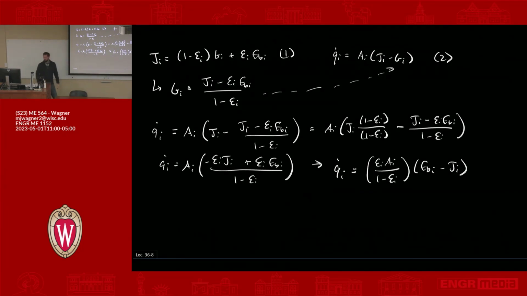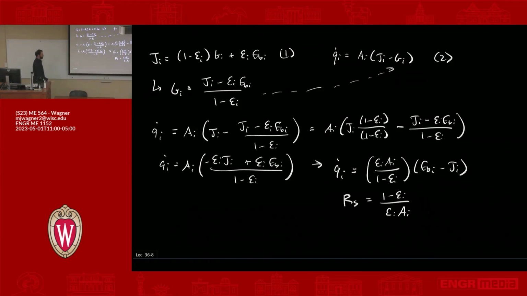This resistance formula effectively says R, let's call this RS for the surface resistance. RS is equal to 1 minus epsilon I over epsilon I AI. And then, of course, Q dot is just the potential divided by the resistance.